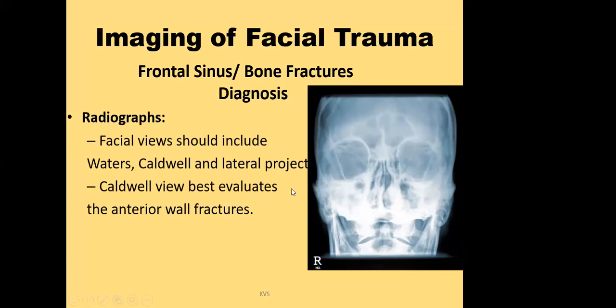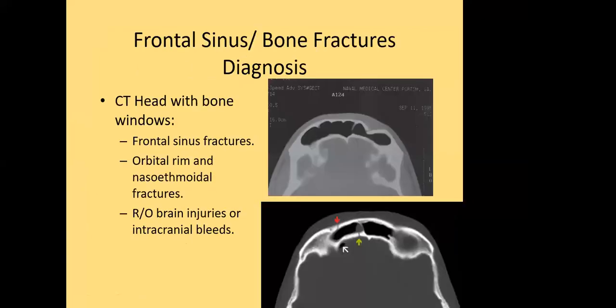When it comes to radiographs, the different requests are what we call the Waters view, Caldwell, lateral, oblique, and so on. And of course, you can also do CT scans.